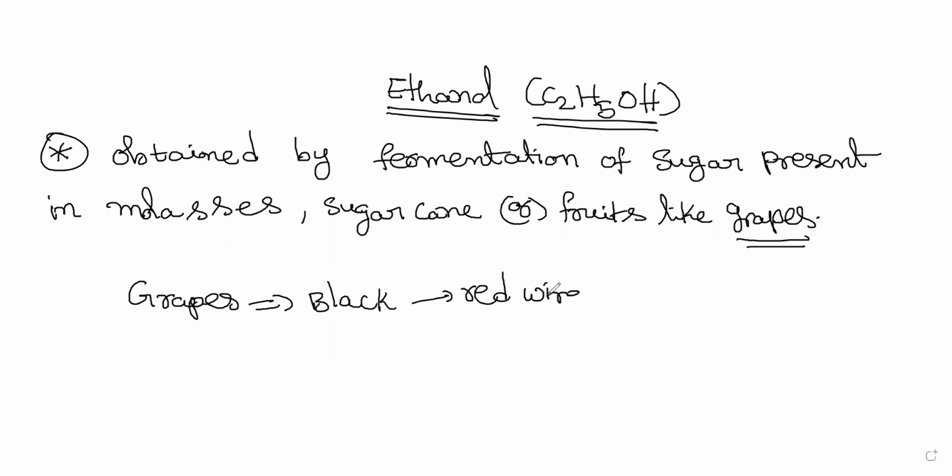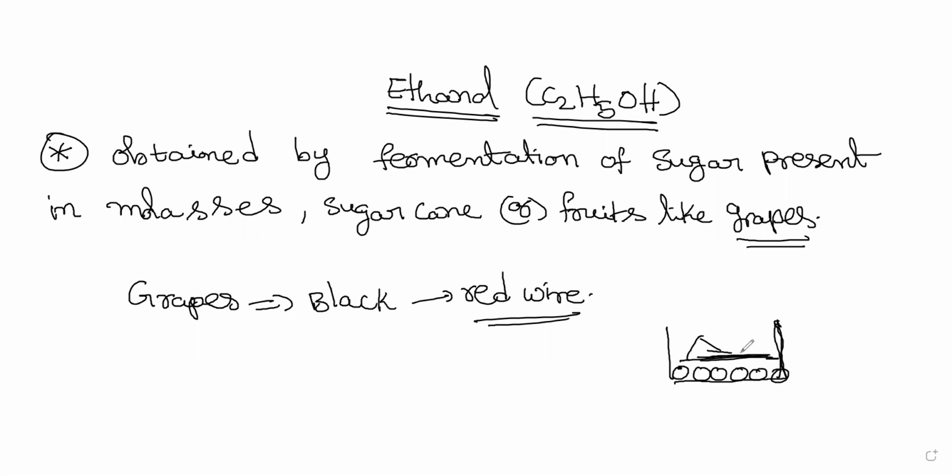This contains a very good percentage of alcohol. I came to know the process from one of my friends. She told me that you have to put the grapes like this and then pour sugar over this.